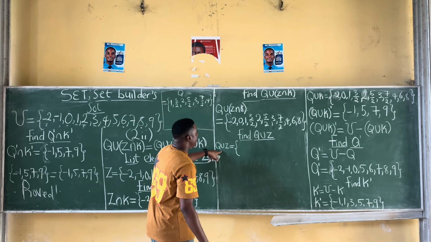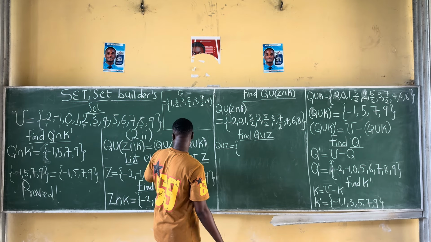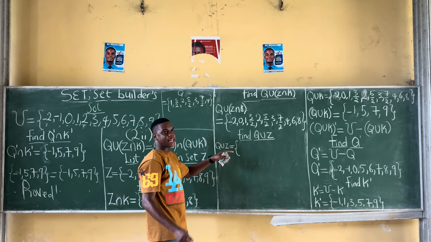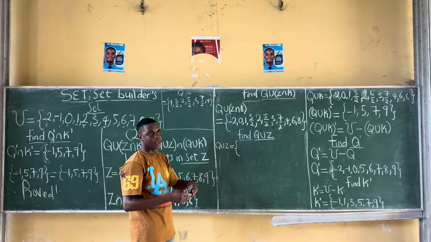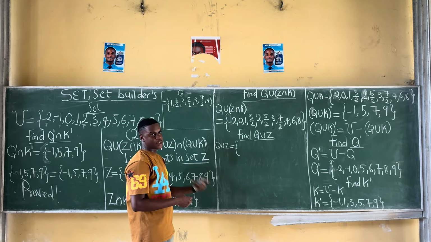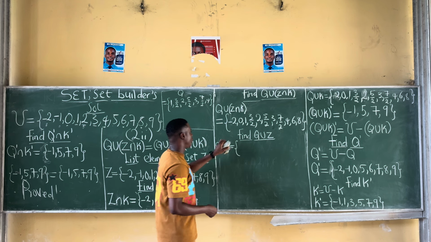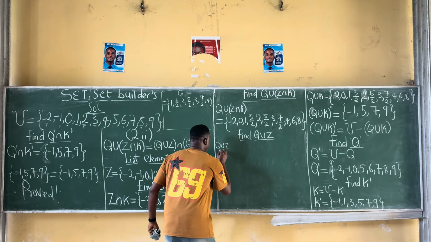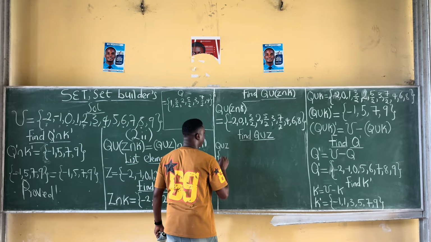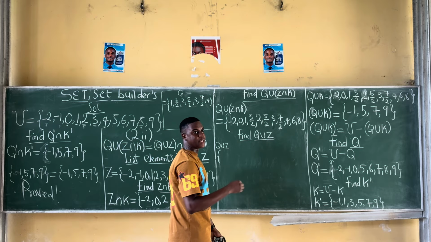Since it is union, we have to add the set of Z and the set of Q together, and remember we don't do repetitions in union. So we will find the things in Q and Z without repeating each other.